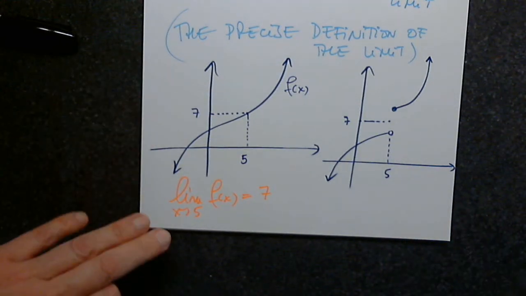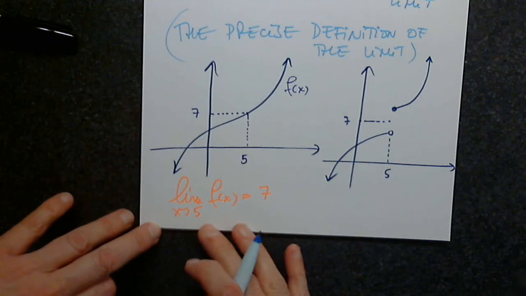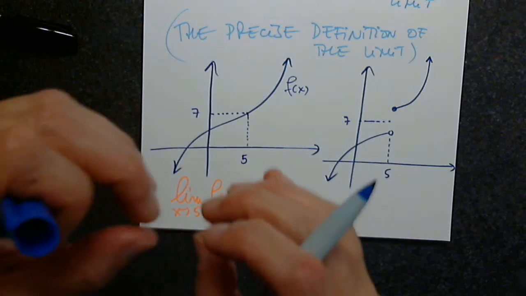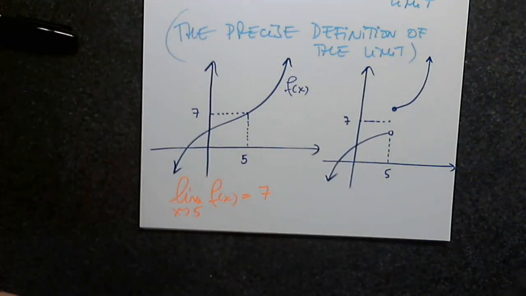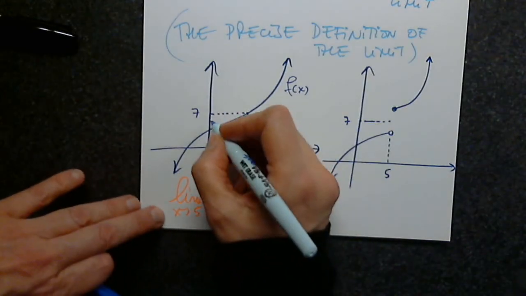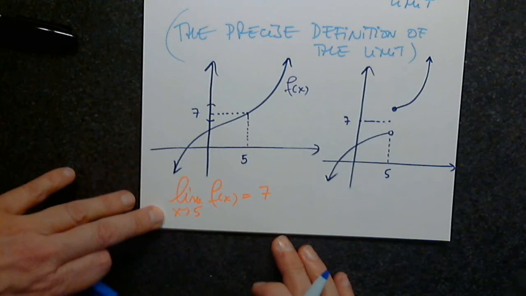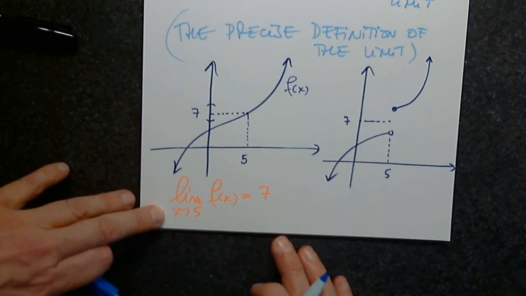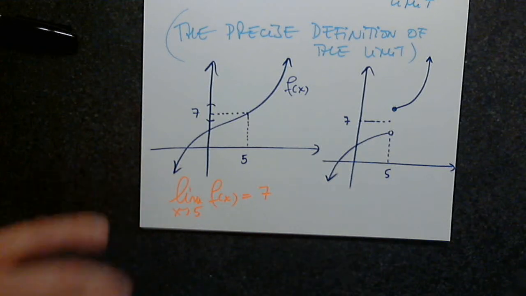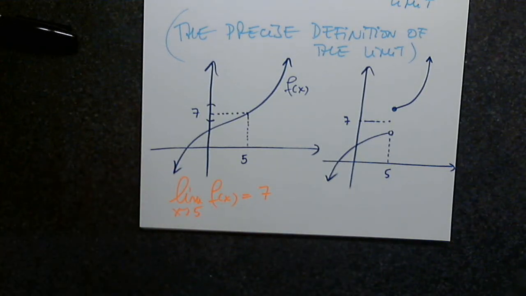Thank you. So, assuming now that I zoomed in and I chose an interval that is symmetric around 7, as small as you wanted it to be.